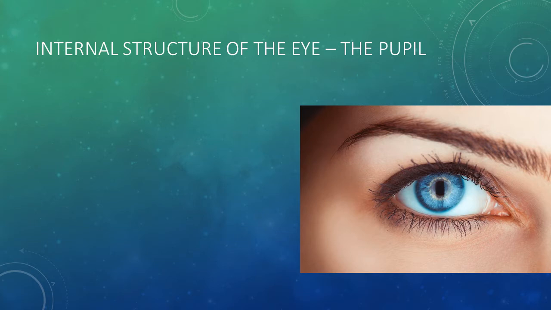Now when you continue looking on the outside of the eye, you see this pretty colorful part which we call the iris. They are green, blue, brown, gray, a multitude of colors. In general they all have the same function, which is to reflect the light that hits the eye, and it decides how much light comes into the eye.